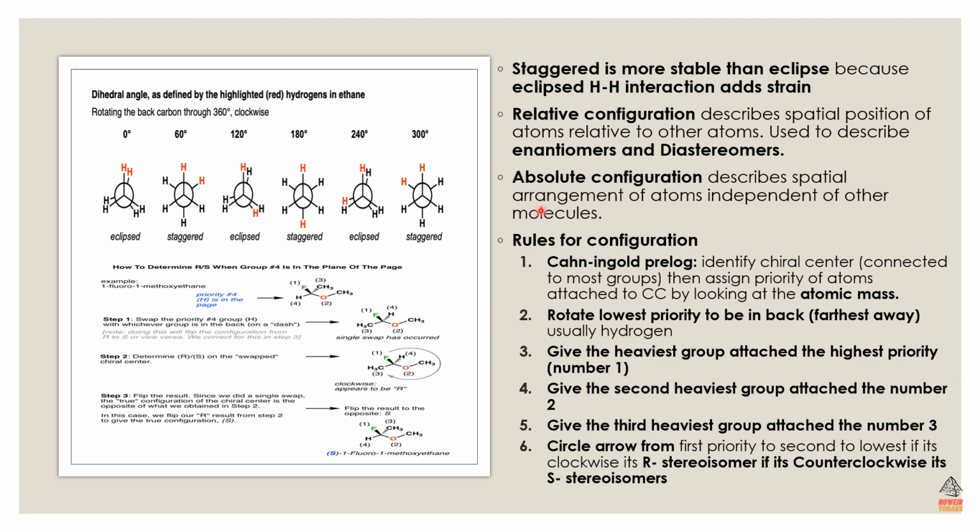Next we have the configurations I was telling you about. This is staggered. It's like having distance between the top part and the bottom part, and it's more stable than eclipsed because atoms don't like sticking next to each other.